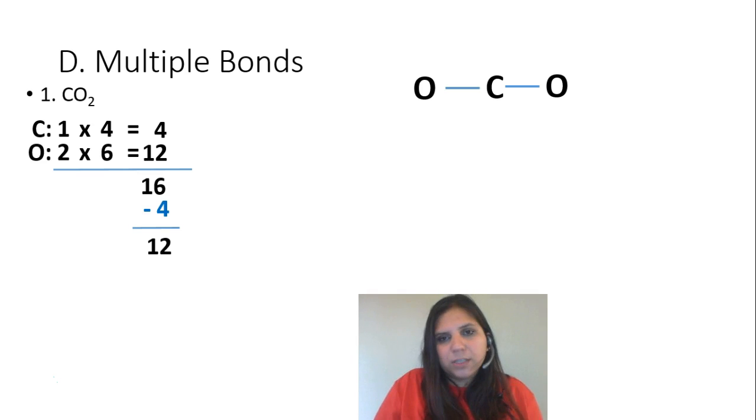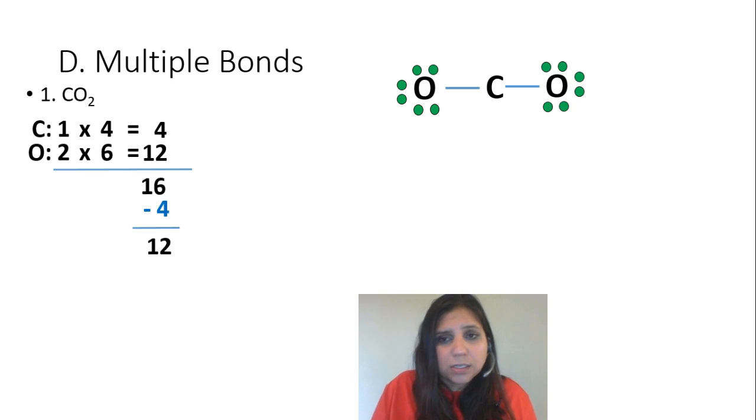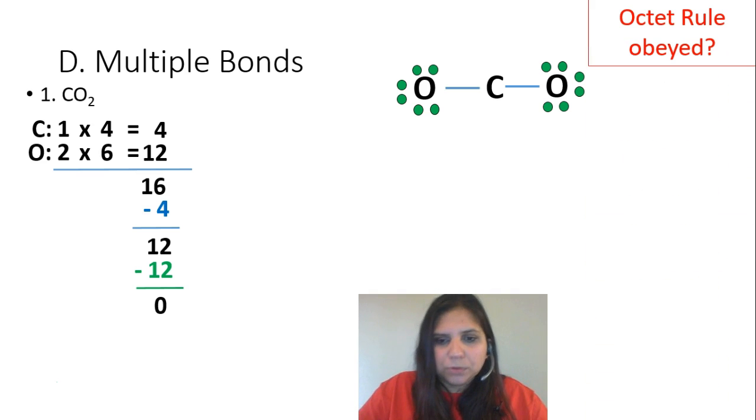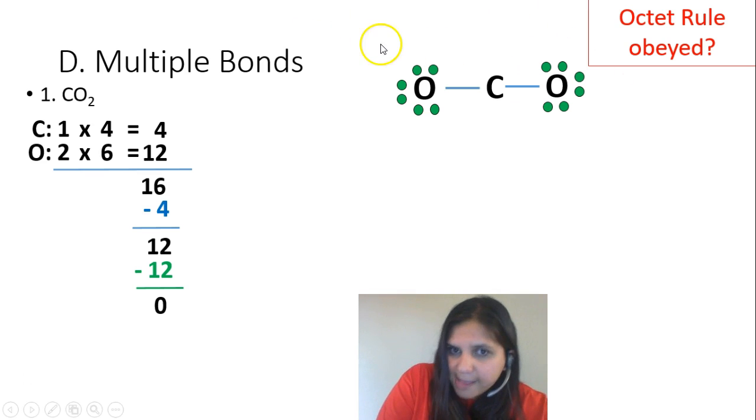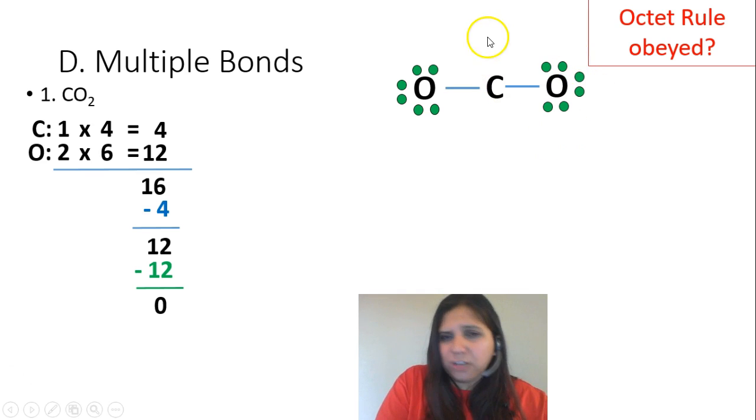Okay, so I'm going to fill the outside atoms. That's 6 and 6 more. And now I've used all 12. Okay. Then I need to know, was the octet rule obeyed? Well, oxygen has 6 plus 2, that's 8. This oxygen has 8, but let's check carbon.